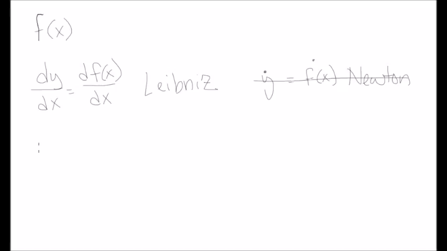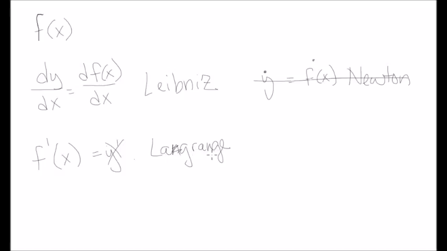The other frequently used Harris notation is Lagrange's notation, which is the prime notation. So f prime of x could also be written y prime, although you really don't see that done very much. So that's the Lagrange notation. This is not the Lagrangian.